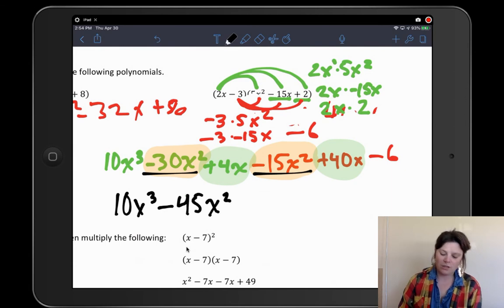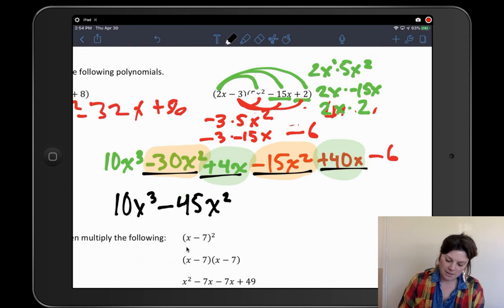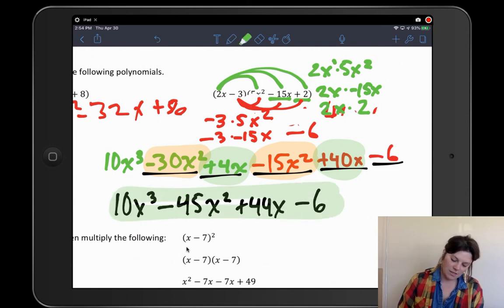Remember, on your calculator, you're always going to add. So negative 30 plus negative 15. And then positive 4 and positive 45 add up to 49x. And then negative 6 is over here at the end. So this is our final answer for that.